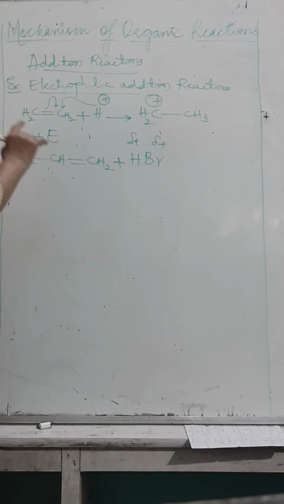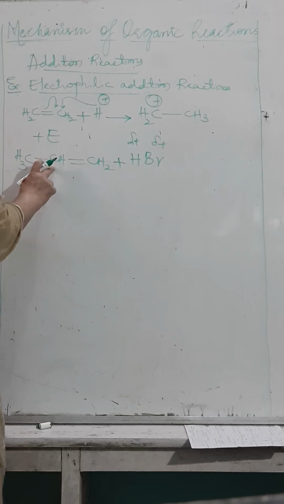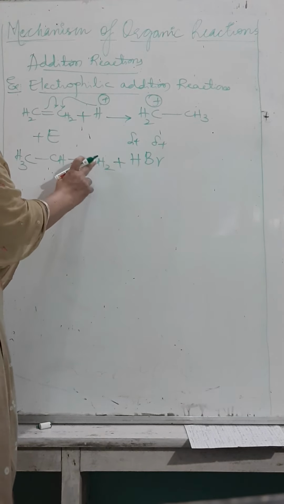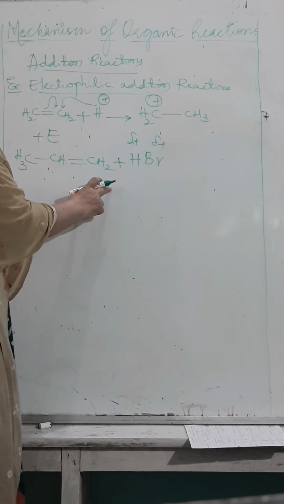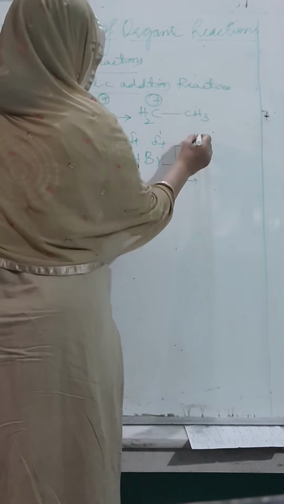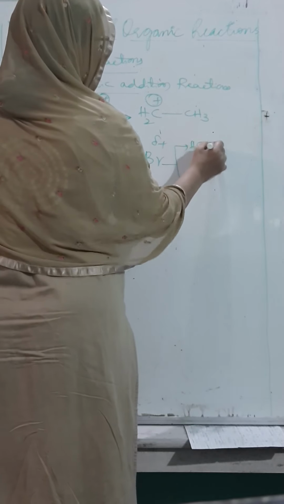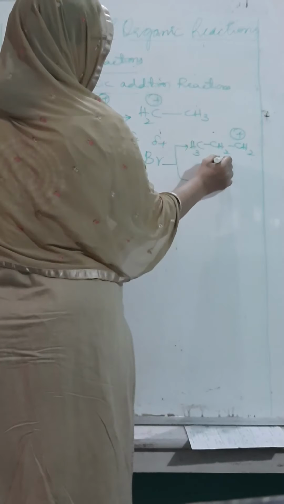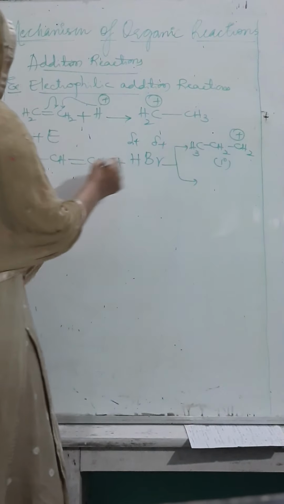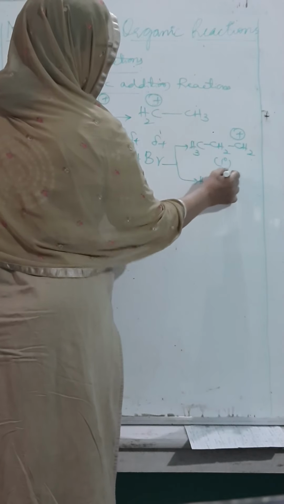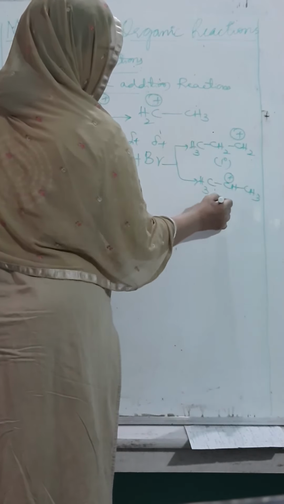Movement of the pi electron can take place in two ways, either to this carbon atom or to that carbon atom. If it goes to this side carbon atom, it will produce a primary carbocation. We will see both one by one. CH3, CH2, CH2 plus. Which carbocation is this? Primary.